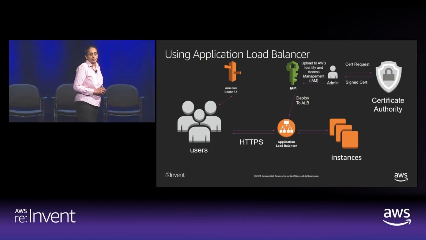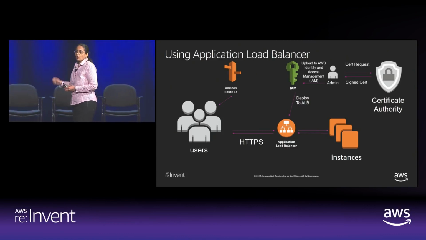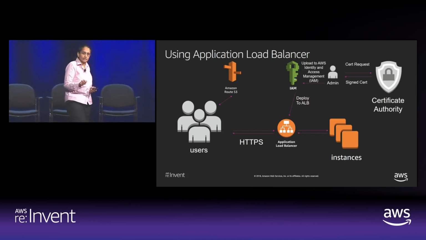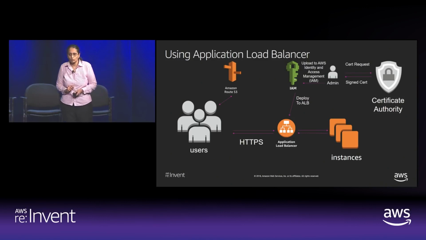You can integrate your admin into the Identity and Access Management System, IAM, which gives certain policies, who can do what, who can maintain these certs, who can rotate these certs. You're integrating that into IAM, and only certain admins with those privileges will be able to download those certs into the load balancer.